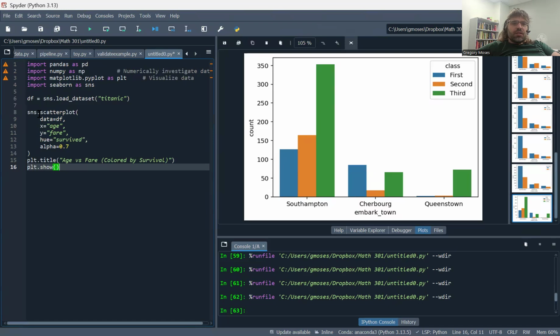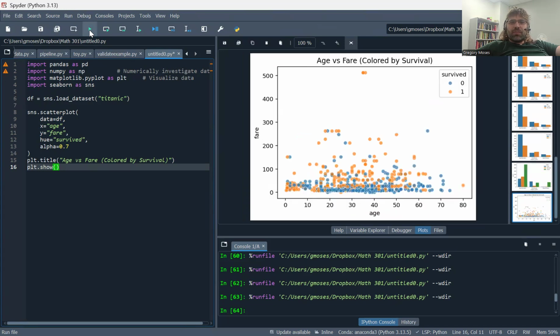Let's see if we can find such an effect in a scatter plot. I've actually already shown you this scatter plot and pointed out the cluster, but here orange represents survival, and there clearly is a cluster here.